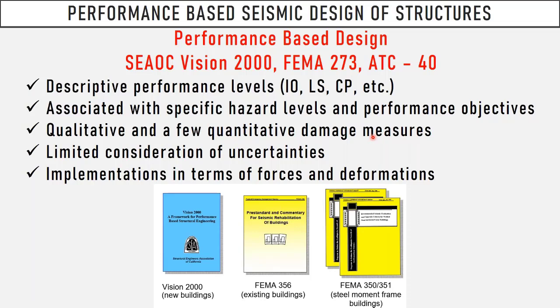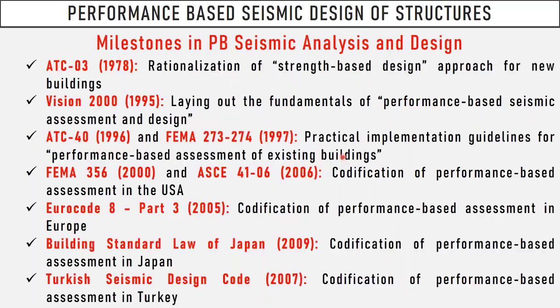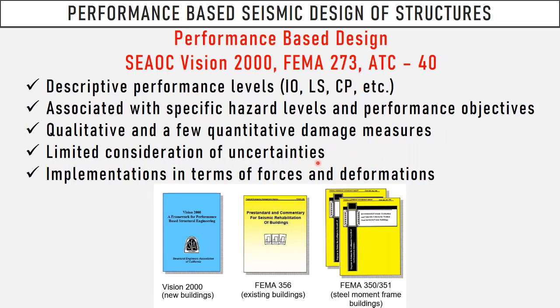And as I mentioned in the first slide, everything has uncertainty, starting from the loads, material qualities, analysis procedures, analysis assumptions, and so forth. Uncertainties have been introduced, and the implementations were done on forces and the deformations.